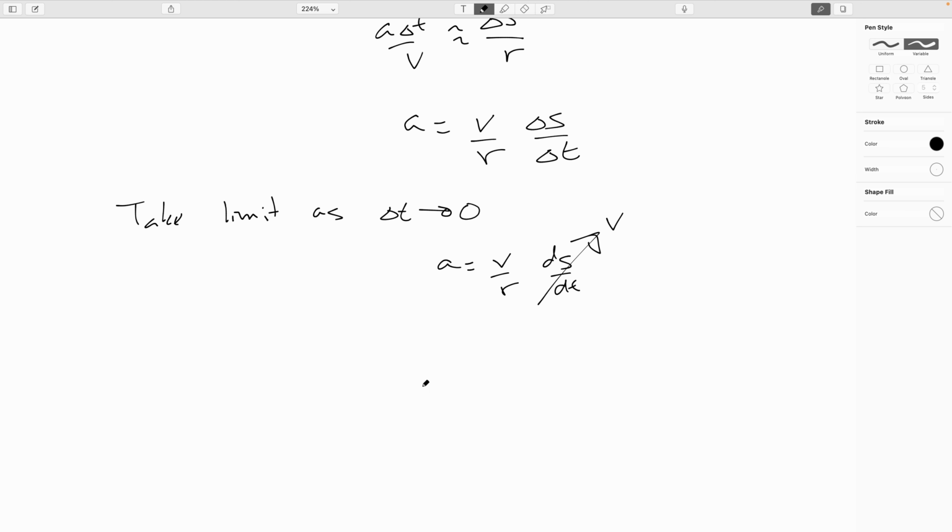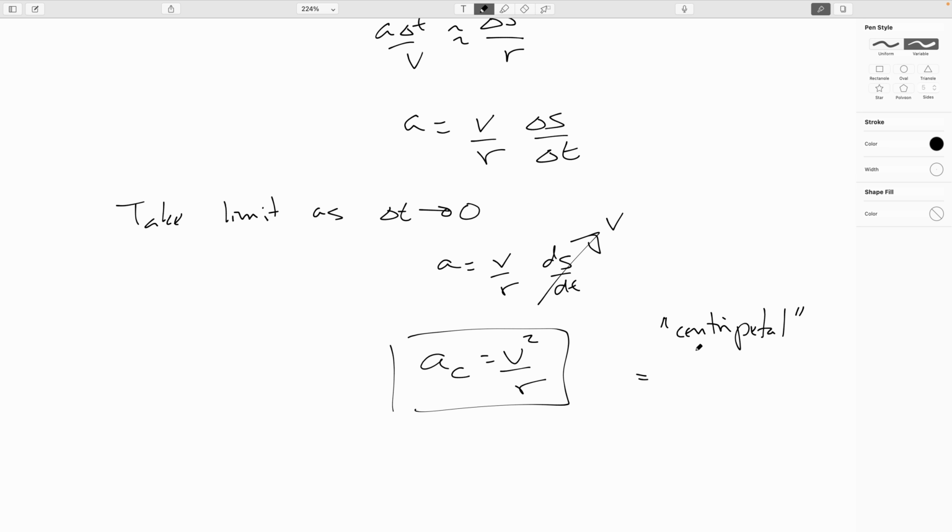So we say that the magnitude of the acceleration, which we call the centripetal acceleration, is equal to v squared over r. So we say this is the centripetal acceleration. And centripetal, if you break the roots of the word apart, just means center seeking.